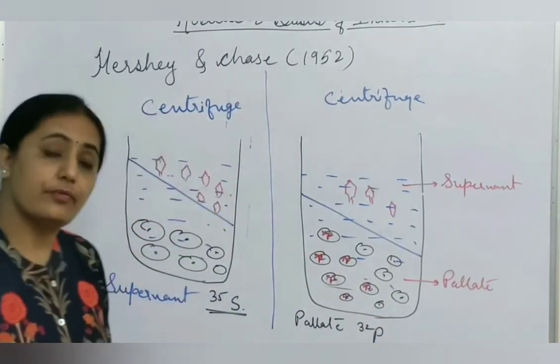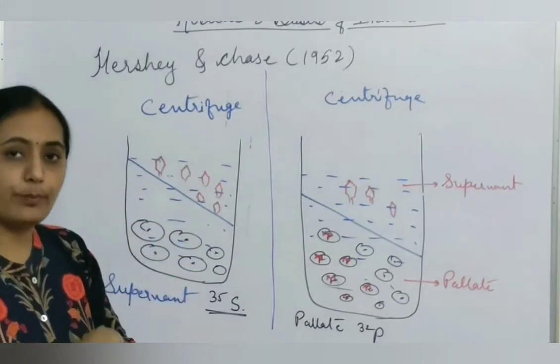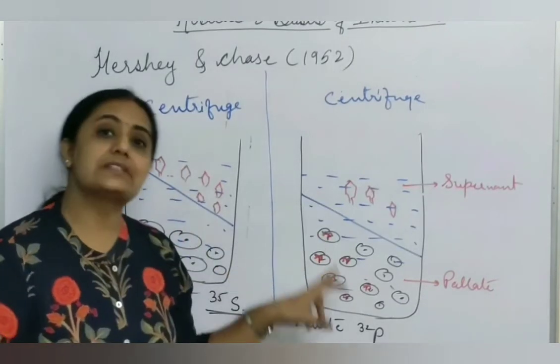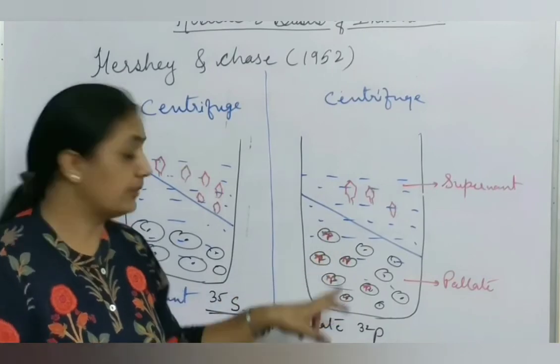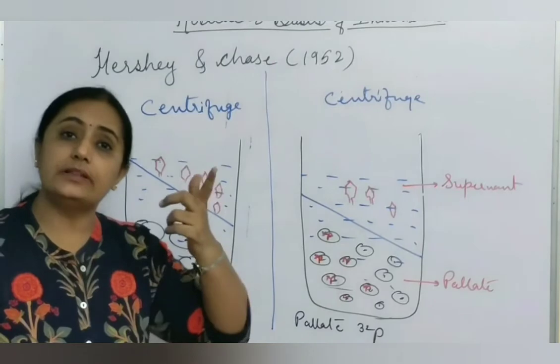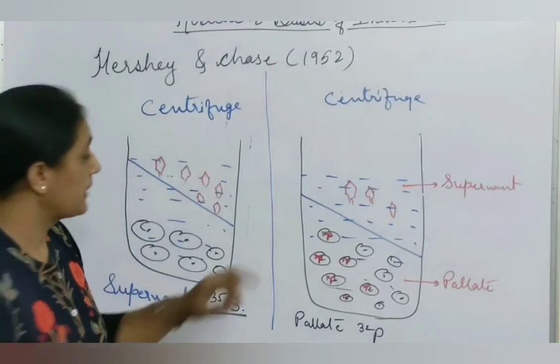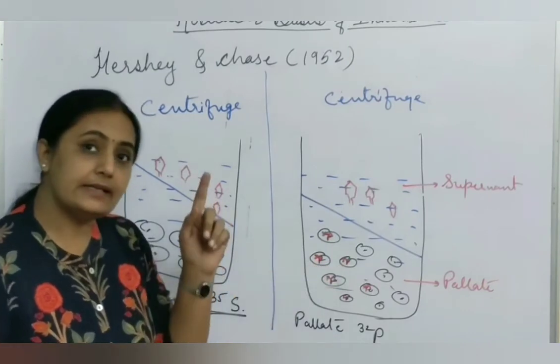It means something from the virus enters or passes to the bacterium. What thing was that which passes to the bacterium? That thing is phosphorus. Phosphorus is a component of DNA, so phosphorus isotopes are present in DNA.